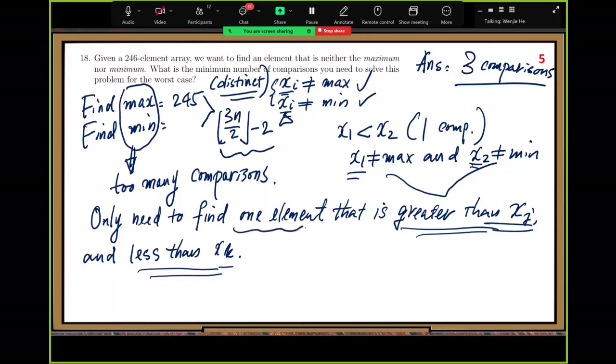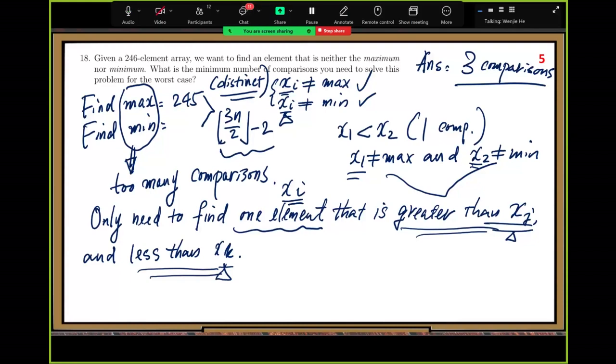So one element is our solution element, let's say xi. Then greater than another element we call xj, and less than the third one, xk. We only mention three elements here in this statement.